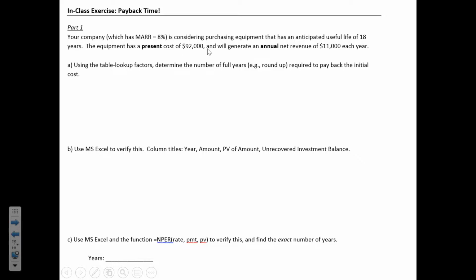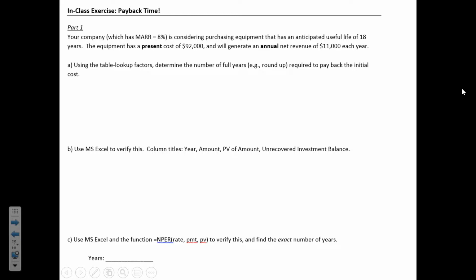And the equipment's present cost is $92,000, and it's generating an annual net revenue of $11,000. So the first thing I want you to refresh in your mind is that you can, just by looking at the factor tables, find the crossover point from non-profitability to profitability by looking at the ratio.